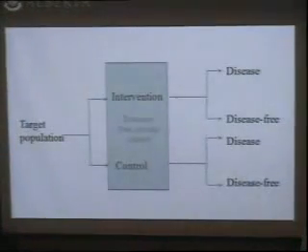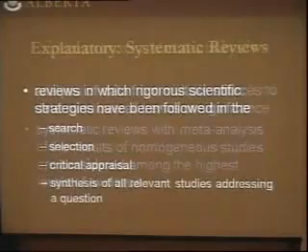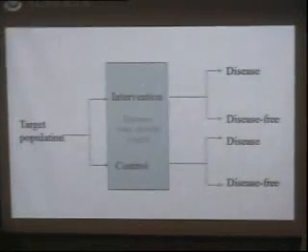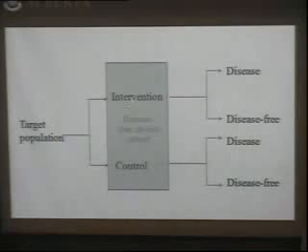So here's just a pictograph, a cartoon of the randomized controlled trial. This is in blue because this is under the experimenter's control, whether or not they get the intervention. And then you just follow those people forward for disease.